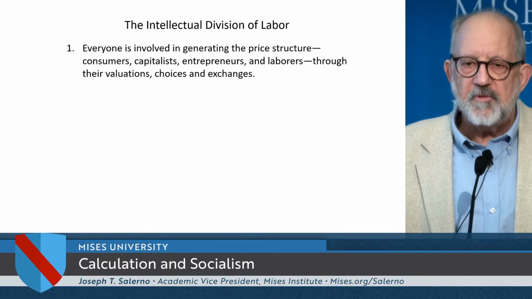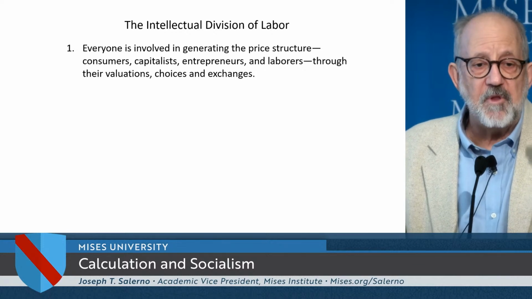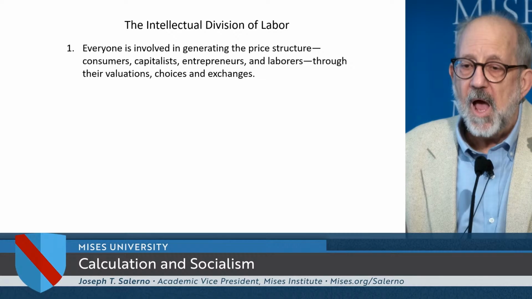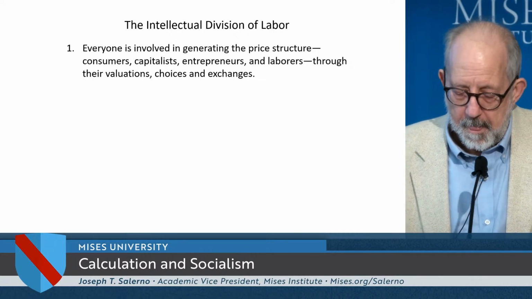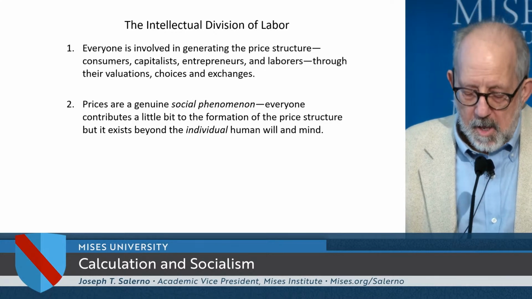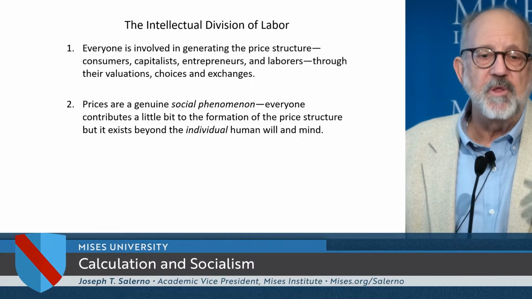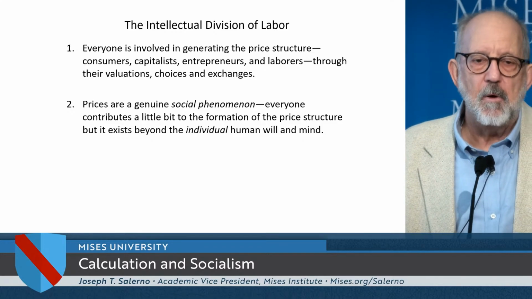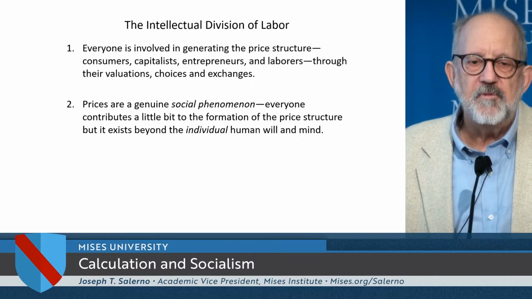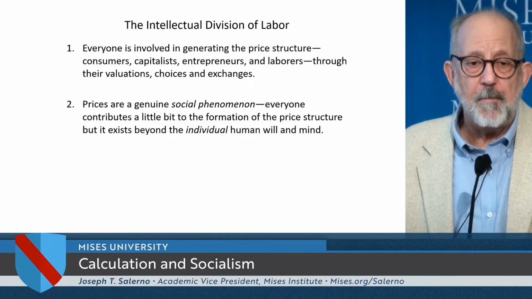So Mises called this the intellectual division of labor. All of us play a part in generating these prices as consumers, as laborers, as resource owners, as entrepreneurs. Okay? So prices are genuinely a social phenomenon. We're always told that, well, society doesn't like this, or society doesn't like that, or this is a social phenomenon. Well, prices are really a social phenomenon.